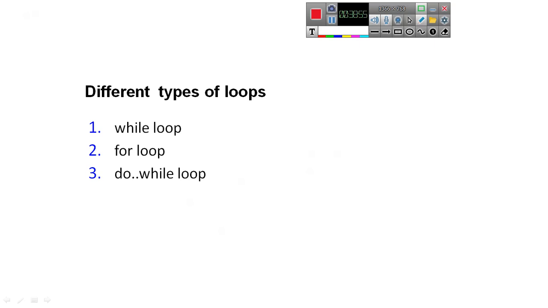When the condition becomes false, then the loop is terminated. So these are the different types of loops provided in C language: while loop, for loop and do while loop.